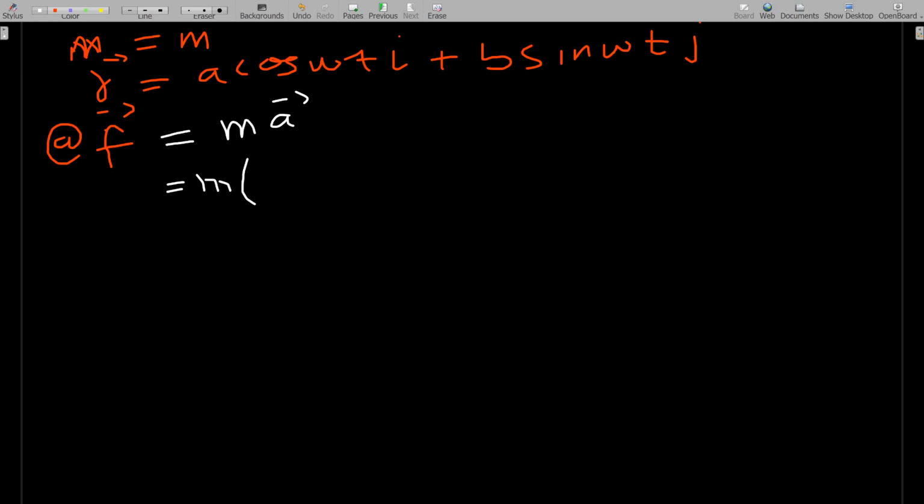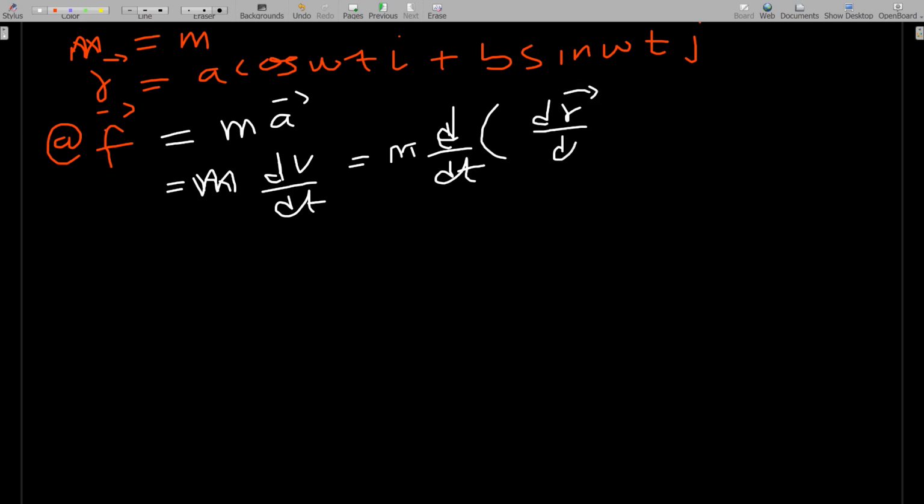The first derivative of this with respect to time, let me write it this way: dv dt, so that you all understand. So the mass is m, and we know that dv dt, so I have to find m times d dt of the velocity, and velocity is dr dt.